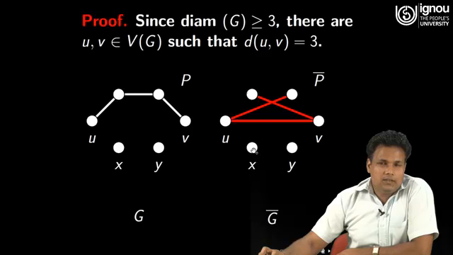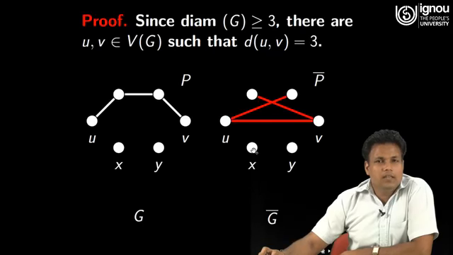So in all these cases, the distance between X and Y is at most 3, and since X and Y are arbitrary, this means that the graph G bar has diameter at most 3.